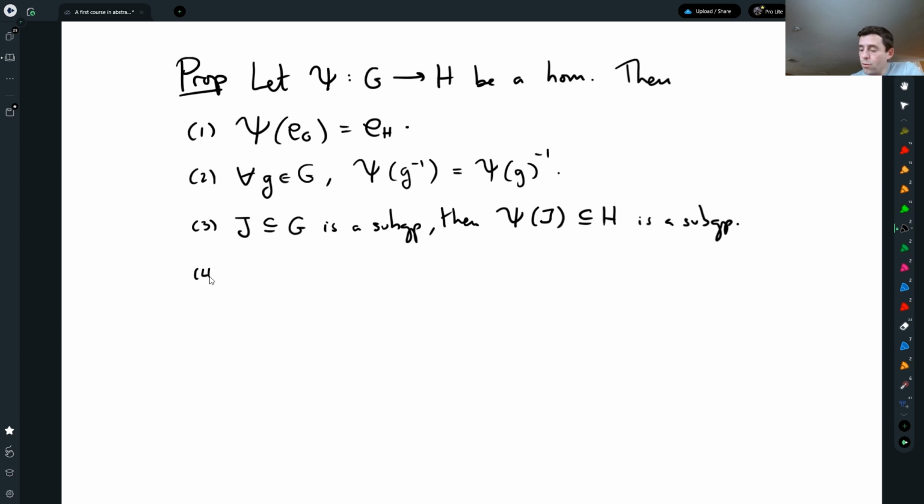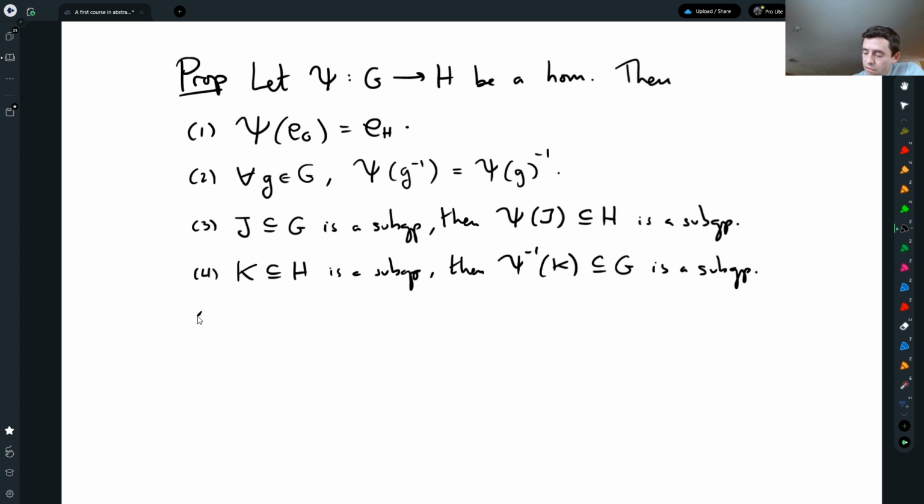The other way around also works. If K is a subgroup, then the set theoretic inverse of K, so every element of G that maps to K, is a subgroup of G.